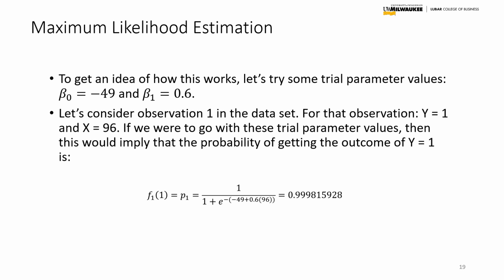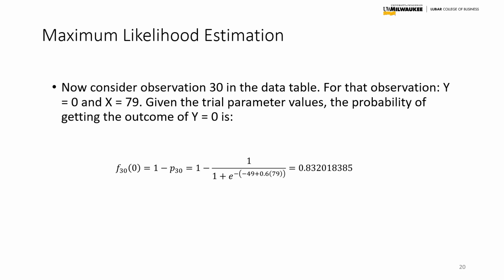If we were to stick in the value of 96 into this equation here based on the trial parameter values of minus 49 and 0.6, we find that the probability of success for a test score is 0.999815928.